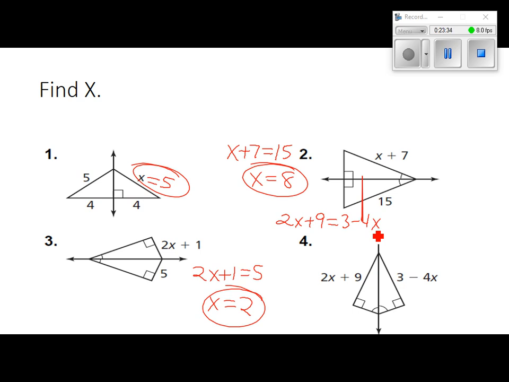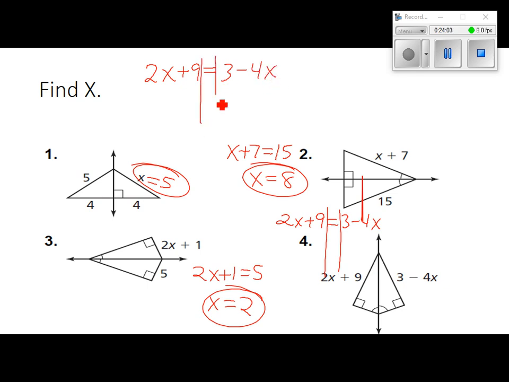Some students get 2, some get negative 1. Hold on, let me rewrite it because I'm not going to be able to show it very well here. So 2x plus 9 equals 3 minus 4x.